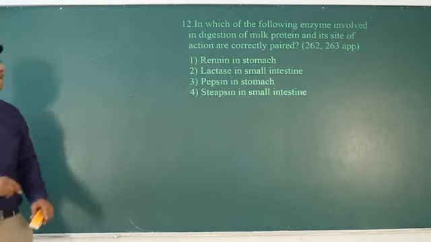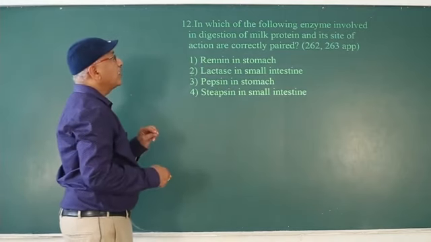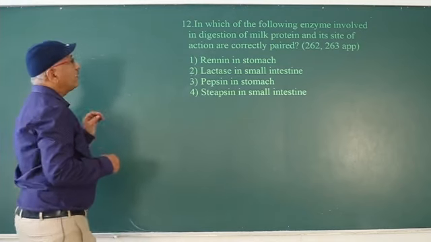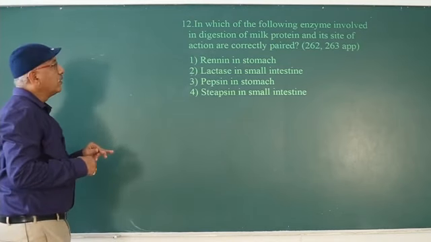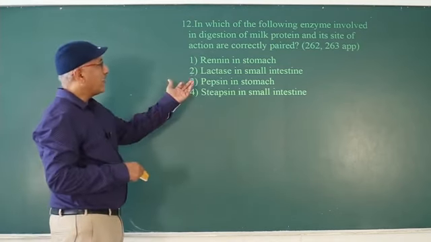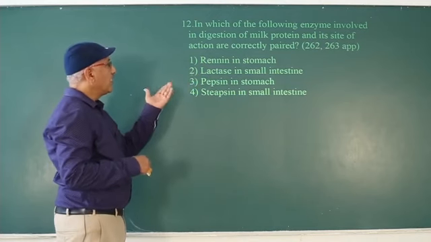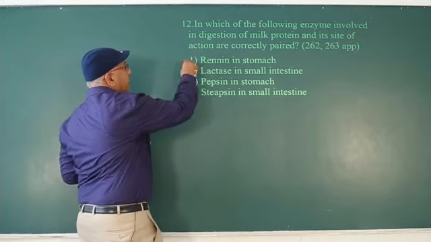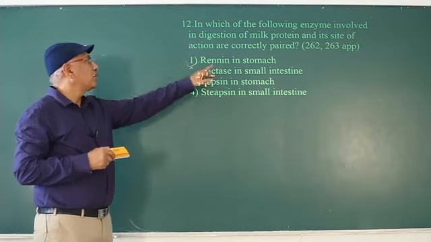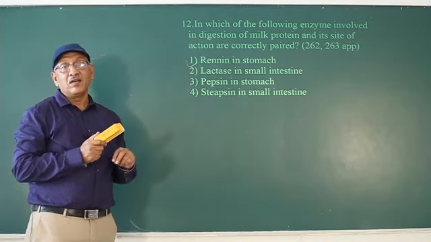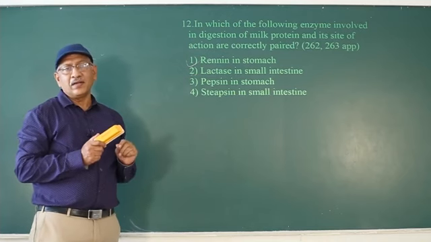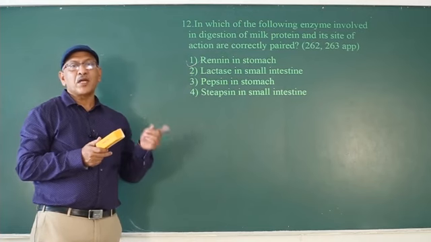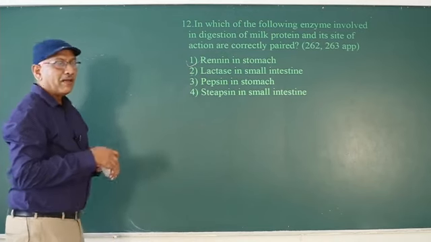Next question. Which of the following enzymes involved in digestion of milk protein and its site of action are correctly paired? Renin in stomach, lactase in small intestine, pepsin in stomach, trypsin in small intestine.